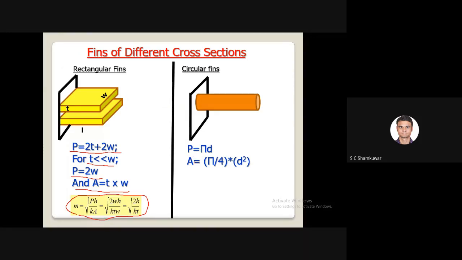For a circular fin, what is the perimeter formula? Pi d, and the area is pi by 4 into d square. These two types of fins we are going to study, the rectangular fins and the circular fins. Please write this down. This is important.